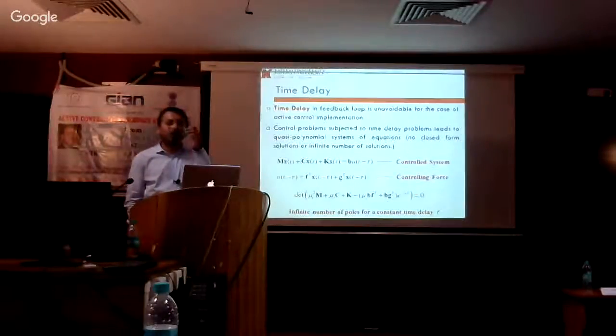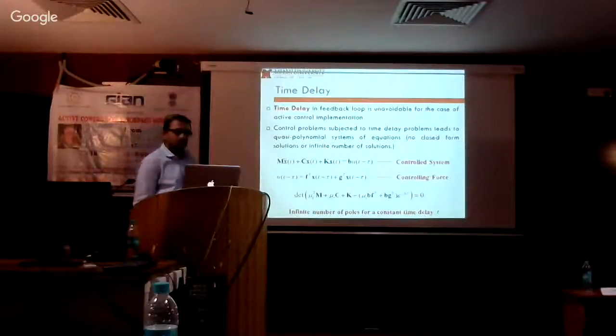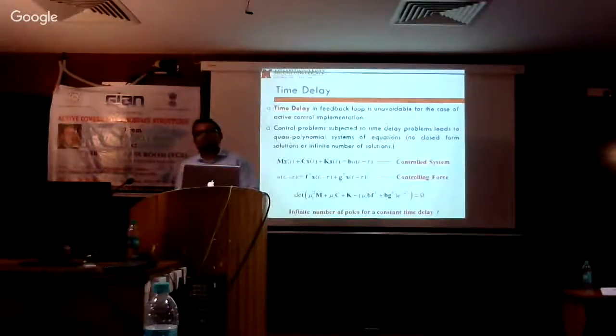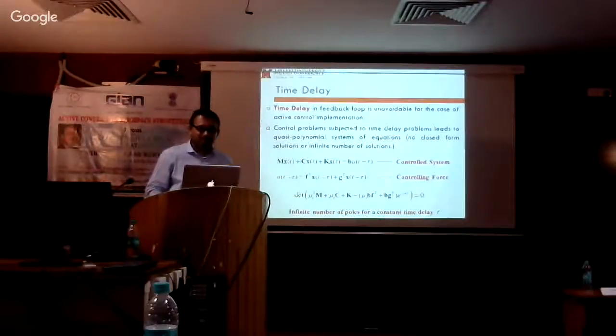Retarded has no higher order term. But here there is no time delay higher order term, only b of u of t minus tau. It is a retarded system. Retarded because the state vector is x and x dot when you write in a state space form. Okay. But I am showing you in a physical quadratic form. Transfer into state space. So it's a retarded type of system.